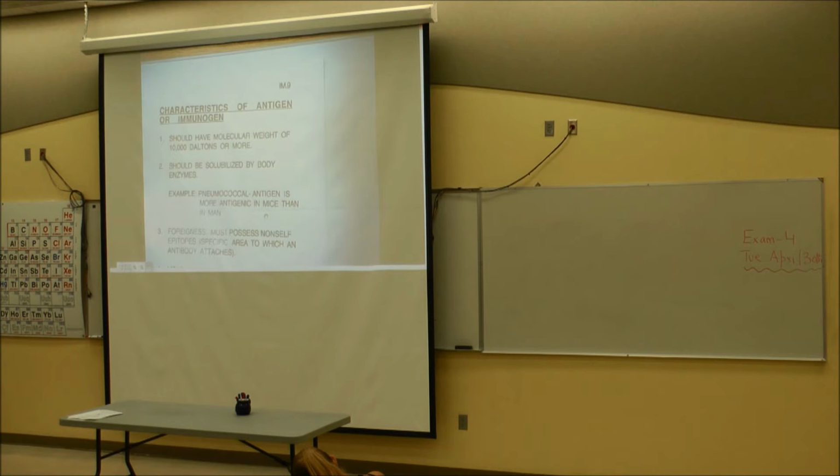Foreignness. Foreignness does not necessarily mean that it should come from outside. Foreignness means it should be foreign to your immune system. There are certain proteins that are foreign to your own immune system. The lens of your eye is foreign to your own immune system. Breast milk of the female is foreign to your own system. Sperm of the male is foreign to your own immune system.